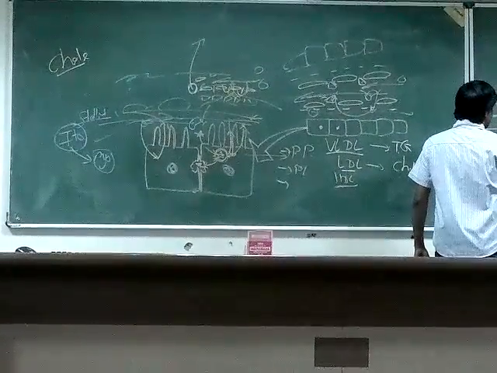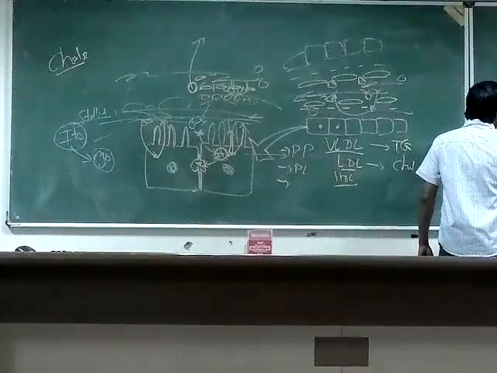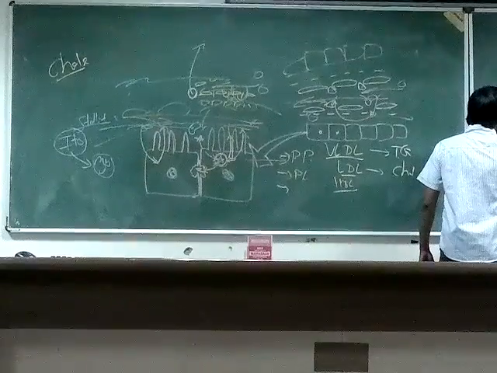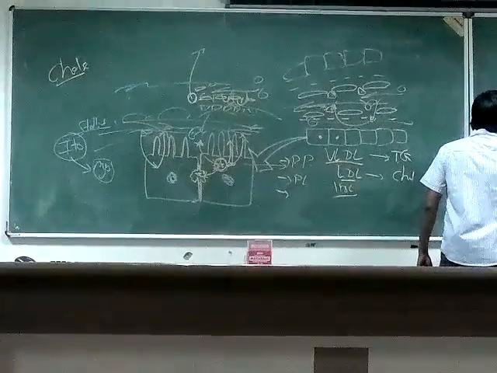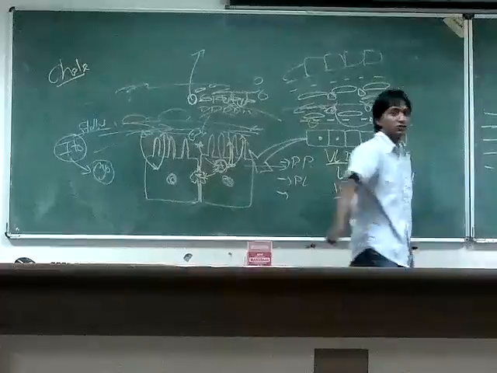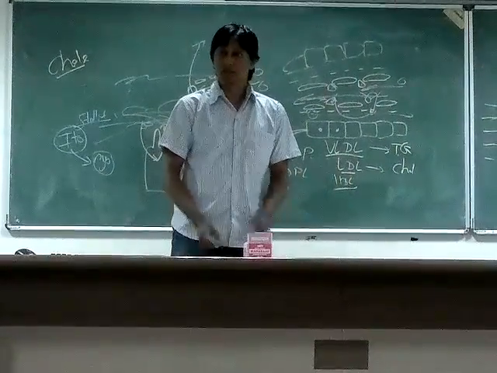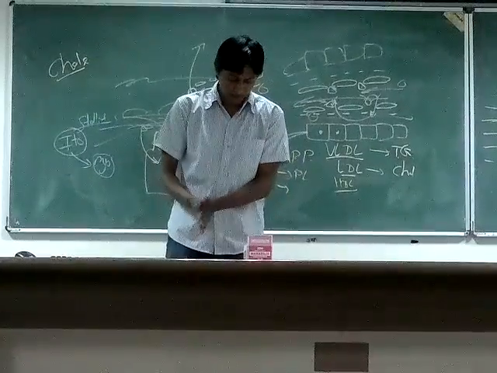There are two bile acids in the bile, cholic acid and deoxycholic acid, and also bilirubin. These things are in the bile.